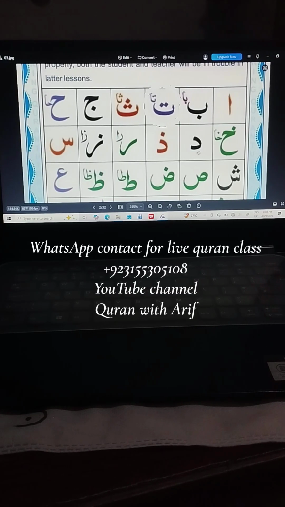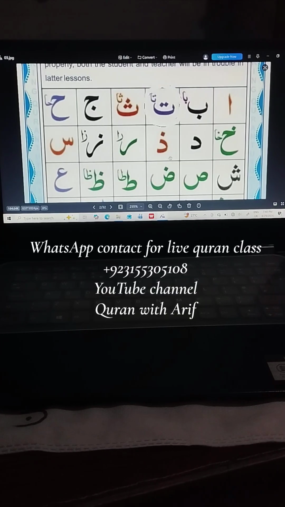And the next one, the orange color, is Zal, and Zal has one dot at the top. This is the sign of Zal. So we understand this letter by the one dot on the top.